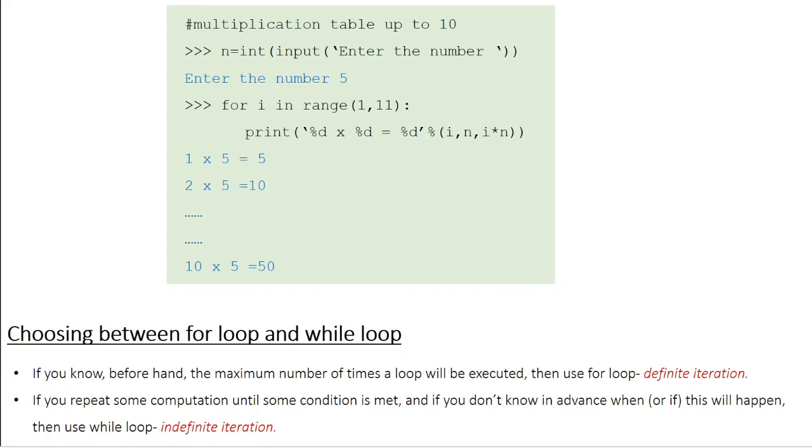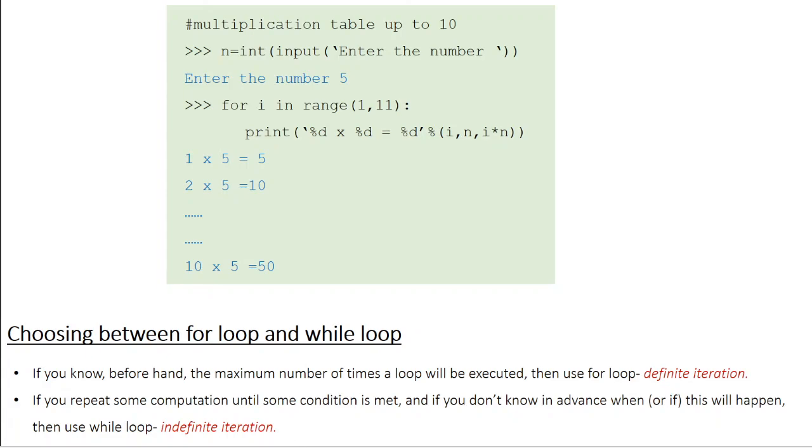At some point, you don't know when, the condition becomes false, and at that point the iteration stops. So for all definite iterations, you use a for loop, and for all indefinite iterations, you use a while loop.